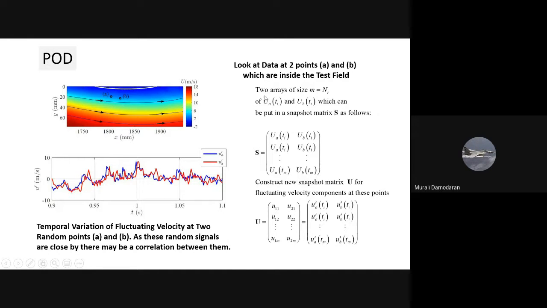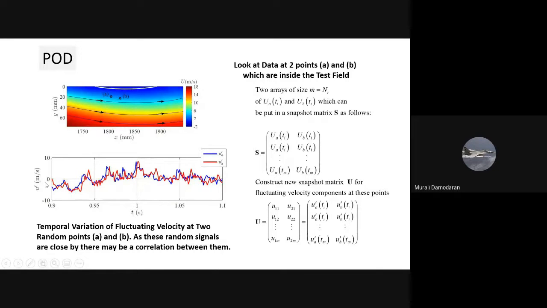The data is contained in arrays of size nt, ua and ub. Those are the fluctuation velocity components. I'm going to put them in ua and ub, and assemble a snapshot matrix S, where in the first column I put all the velocities which I measure with this time signal.